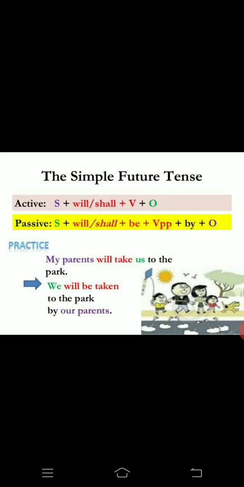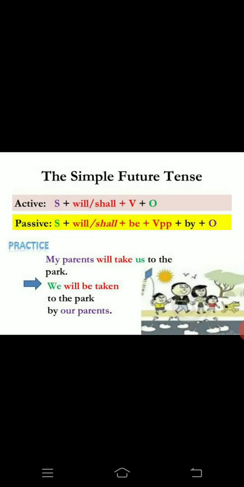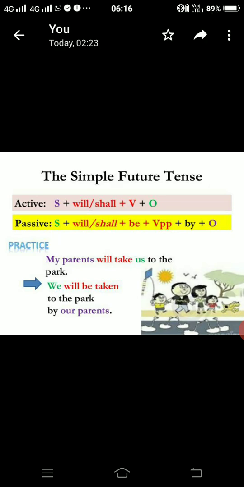Past perfect continuous tense, future perfect continuous tense, and future continuous tense. Right? So let's see. Perfect continuous tense, active and passive voice cannot be made. Passive voice cannot be made of all perfect continuous tenses, whether it is present perfect continuous tense, past perfect continuous tense, or future perfect continuous tense.